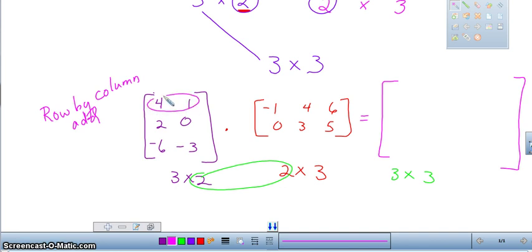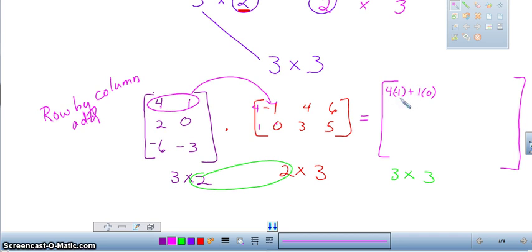I take this row, 4 and 1, times this column. So I take 4 times negative 1, plus 1 times 0. It's basically like you take this and flip it around to match these. So that's my first term, first row, first column.